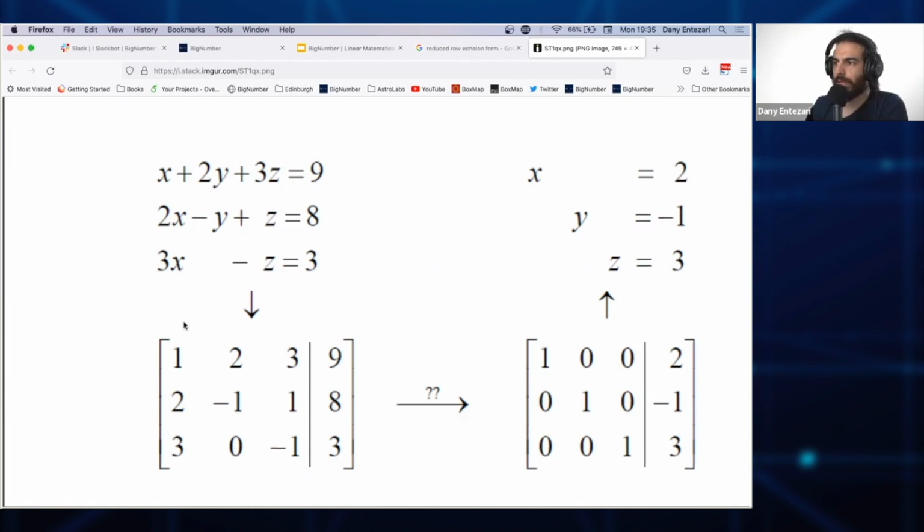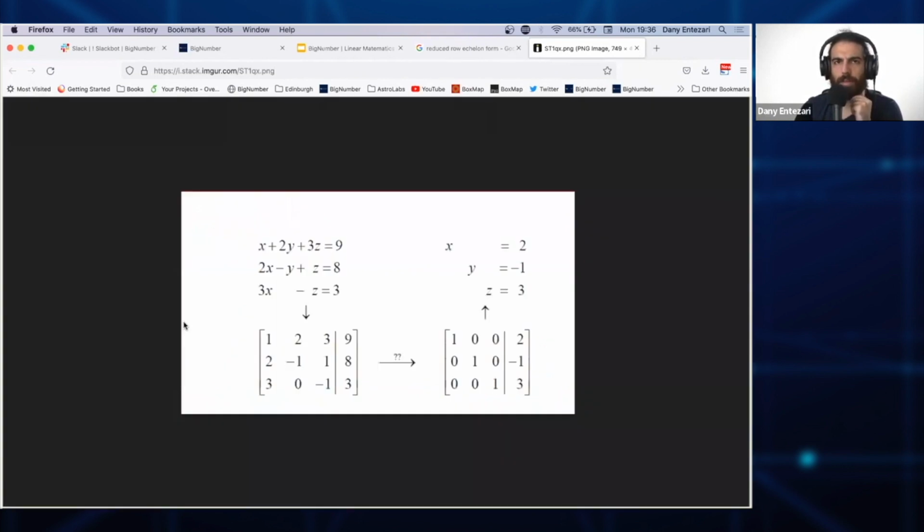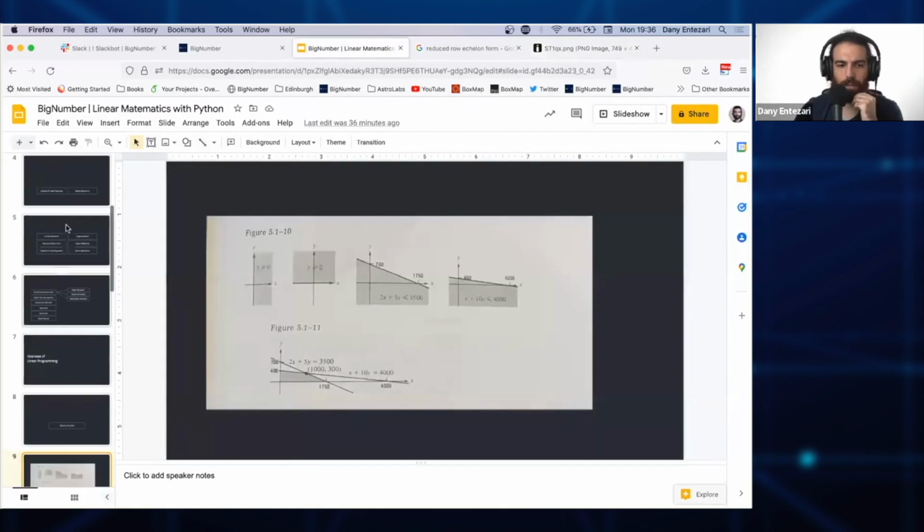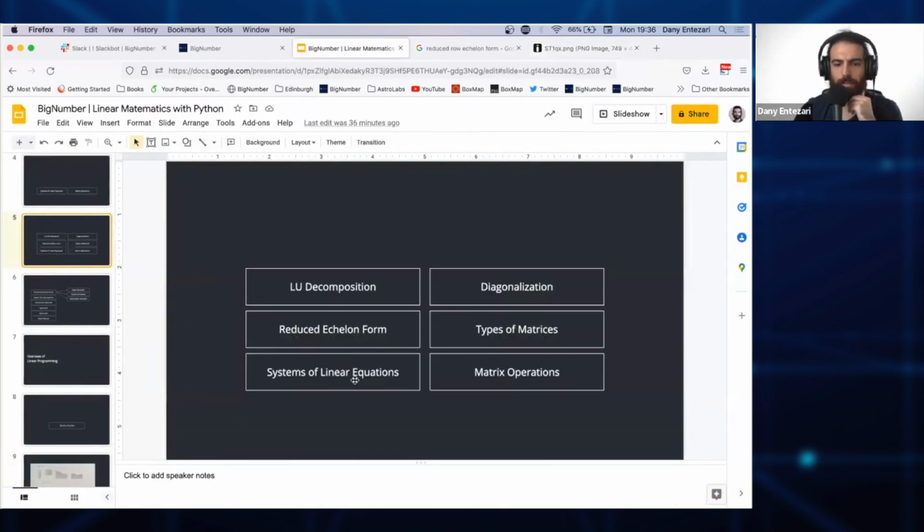So what we will do is we can do linear programming on large sets of equations, on large sets of constraints, with a library like NumPy. Okay. Anyway, this was supposed to give you a glimpse into the first, let's say, half of linear algebra, which I said is systems of linear equations.